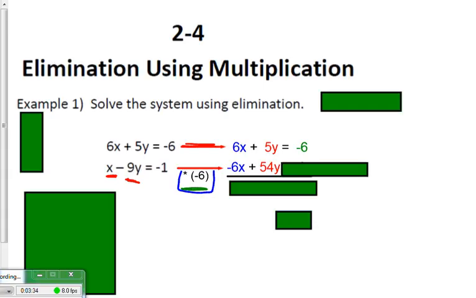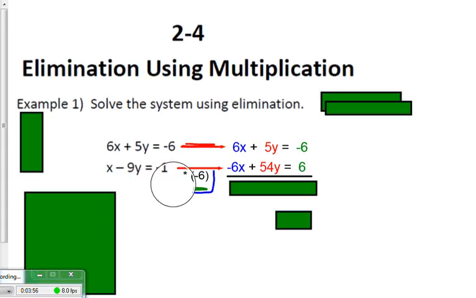Negative 9 times negative 6 is positive 54. So we're adding 54y. And then our last piece here, negative 1 times negative 6 is going to become positive 6, or just 6. Okay, so the top one stayed the exact same. It's that bottom one that we changed by multiplying first.